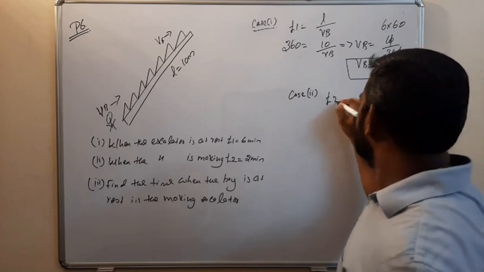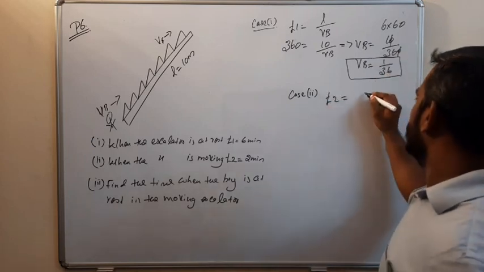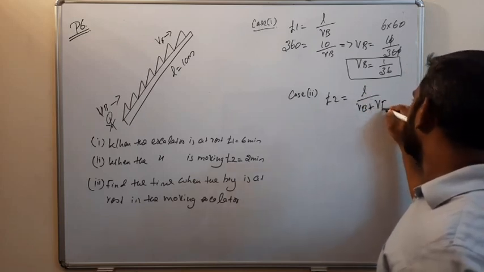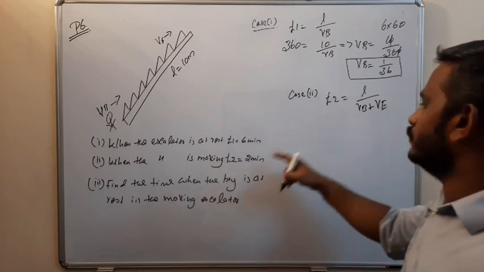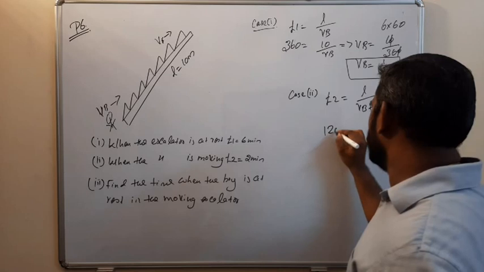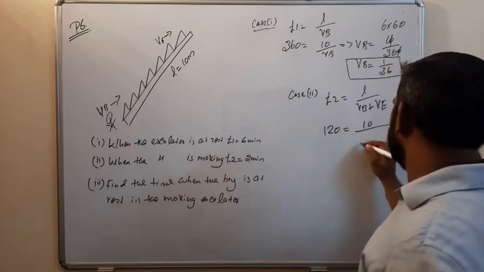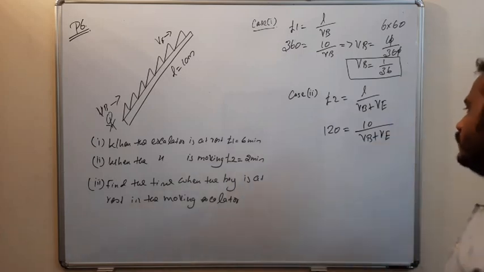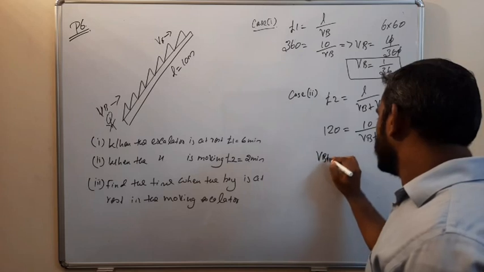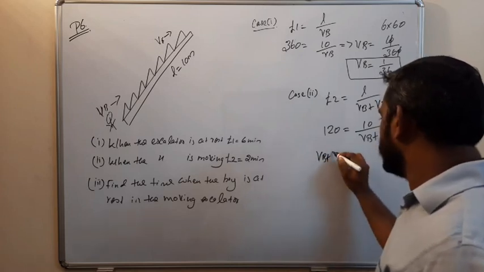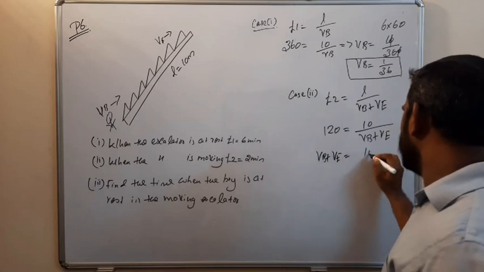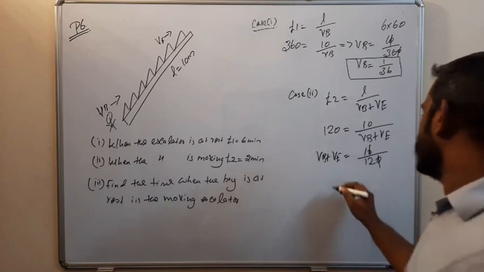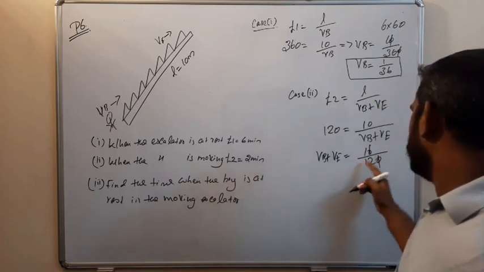So T2 is equal to L by VB plus V. T2 is 2 minutes, 2 into 60, that is 120, is equal to 10 divided by VB plus V. So VB plus V is equal to 10 divided by 120, that is VB plus V is equal to 1 by 12.